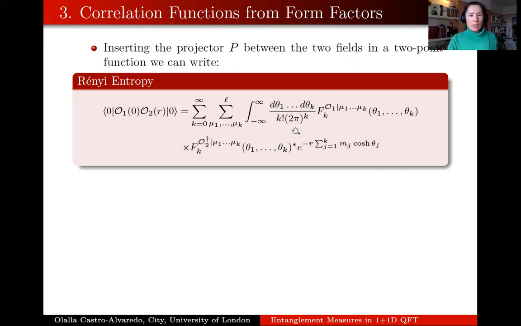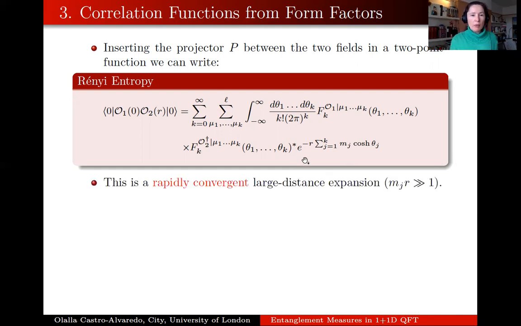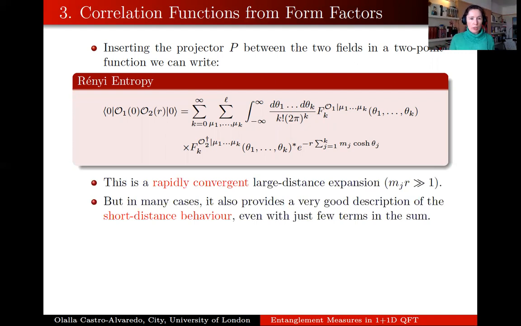What's important here is that this provides an expansion which is rapidly convergent for large distance. This is a large distance expansion, which is something that people in integrable models like quite a lot. It gives a good description of the large distance behavior, and it's rapidly convergent, which generally means you don't need to sum many form factors, in fact just a very few.